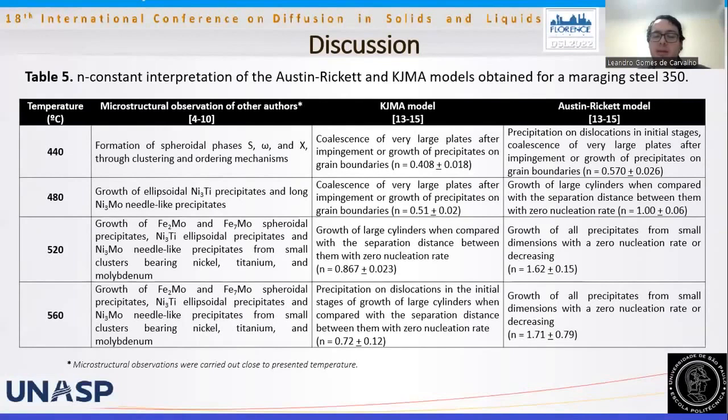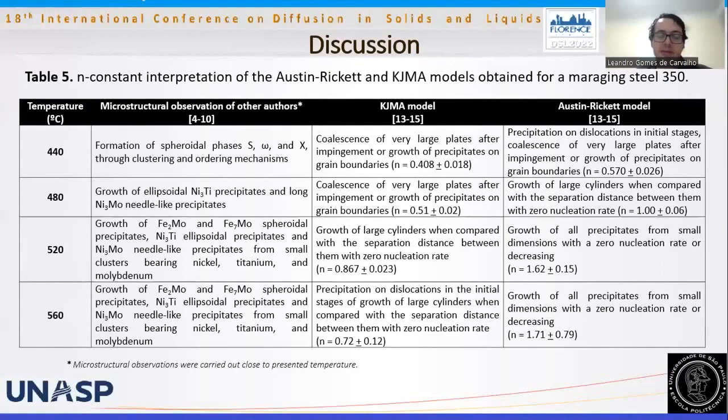precipitates, while the n constant interpretation for the KJMA is the coalescence of very large plates after impingement or growth of precipitates on grain boundaries. However, the n constant of the Austin-Rickett equation predicts the growth of large cylinders when compared with the separation distance between them with zero nucleation rate, having a better agreement with microstructural changes observed by other authors.